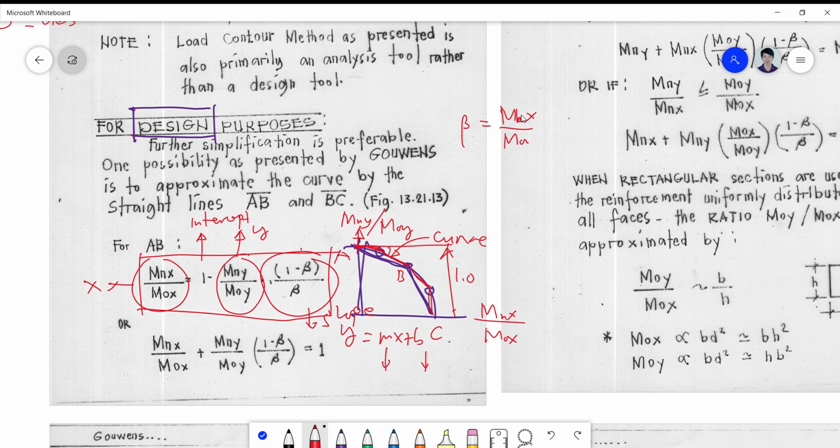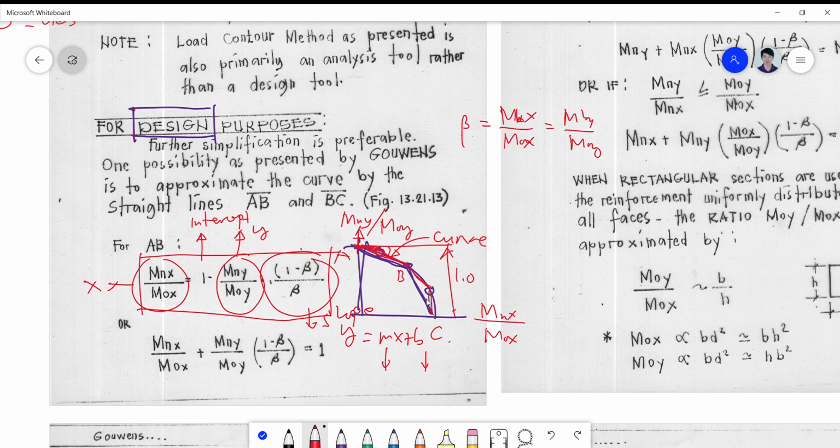Sorry, MBX, the point B there, over MOX, and MBY over MOY. So you just make use of this and substitute the value of beta to get the slope of this line.